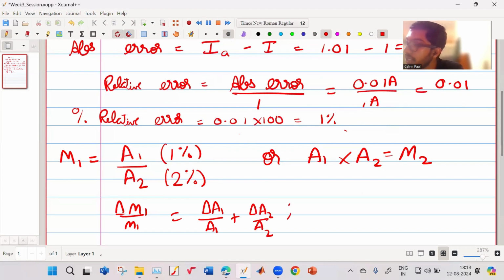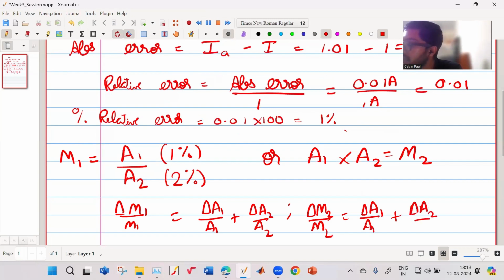Even in the division case, it will be the relative error of A1 plus the relative error of A2.